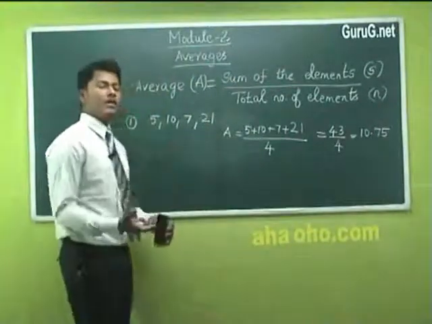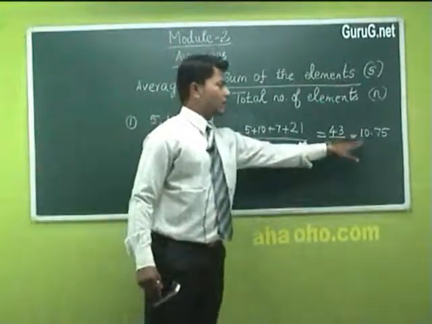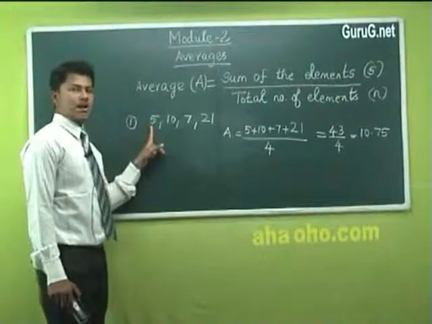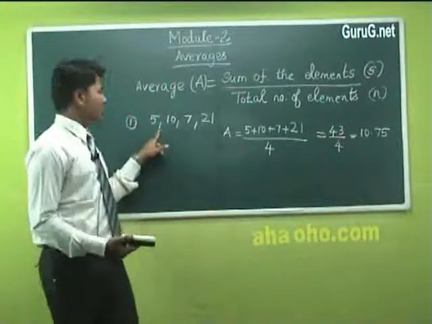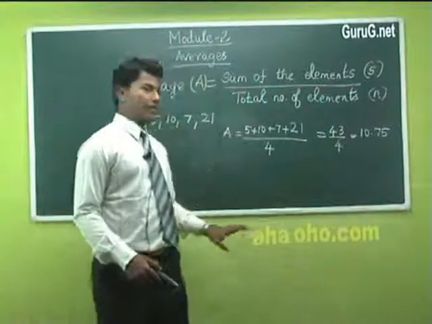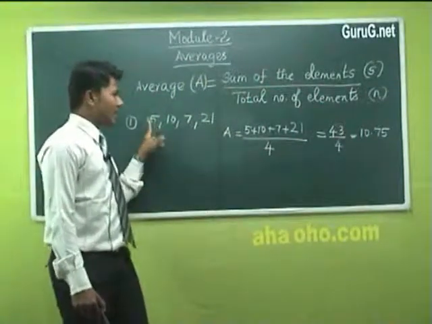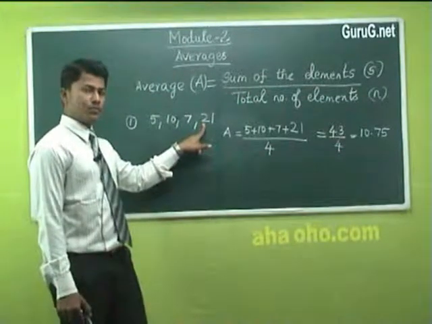Can you find something interesting from your observation? The average value 10.75 is greater than the least value that has been considered. What is the least value here? It is 5. So the average value 10.75 is greater than the smallest value 5, as well as less than the greatest value, that is 21.